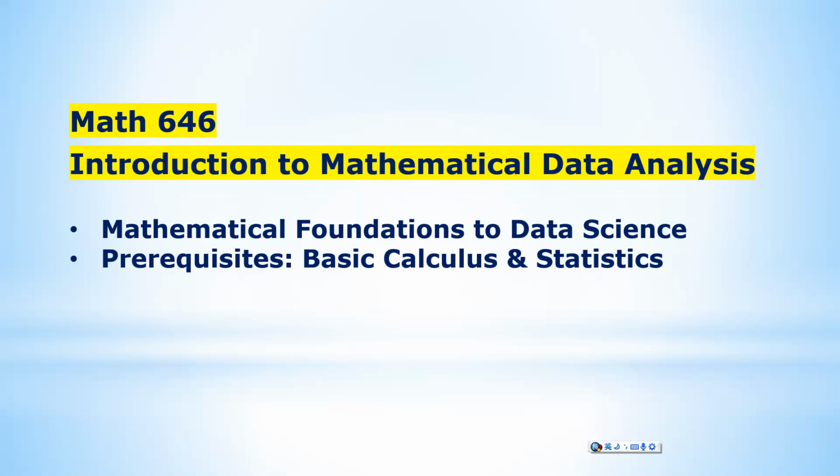The reason for this course is that we are trying to establish a data science track for the BS degree. In this class, we're talking about the mathematical foundation for data science.